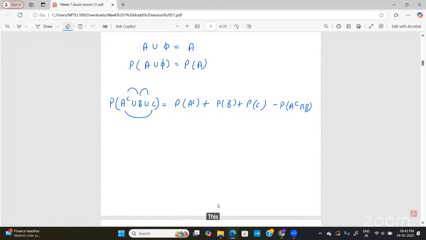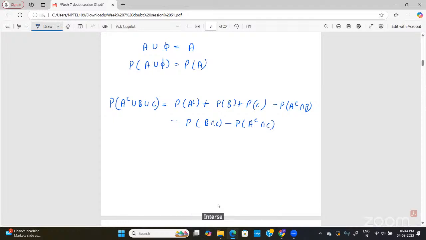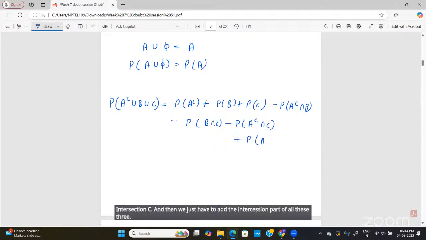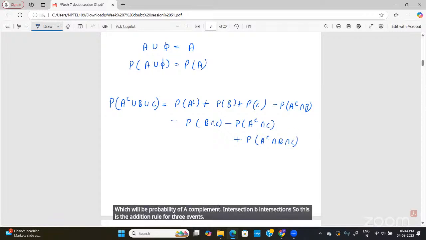In this way, we have to take the intersection part. Minus probability of B intersection C minus probability of A complement intersection C. And then we just have to add the intersection part of all these three, which will be probability of A complement intersection B intersection C.